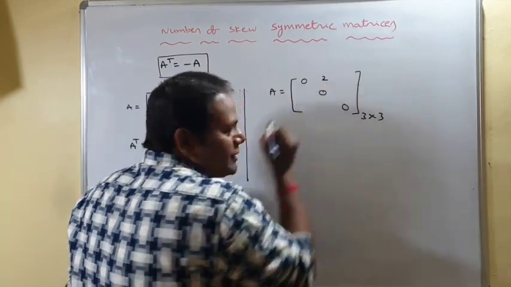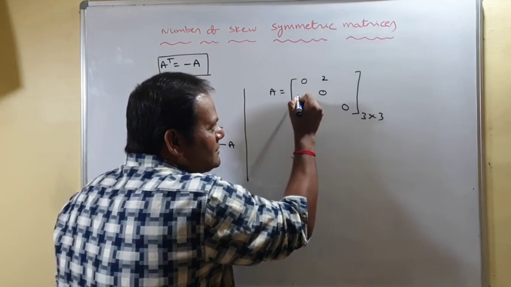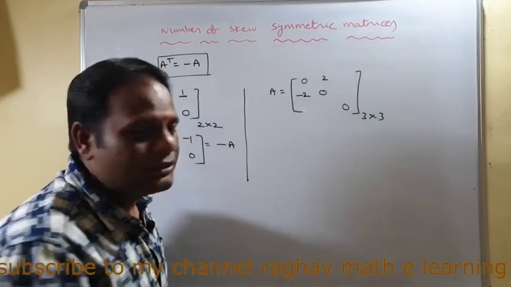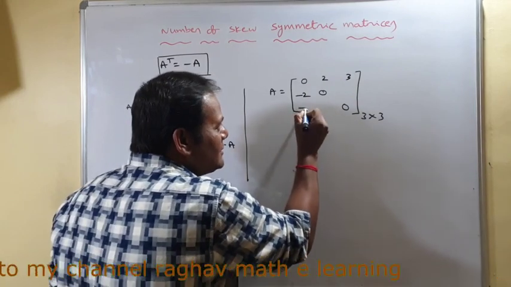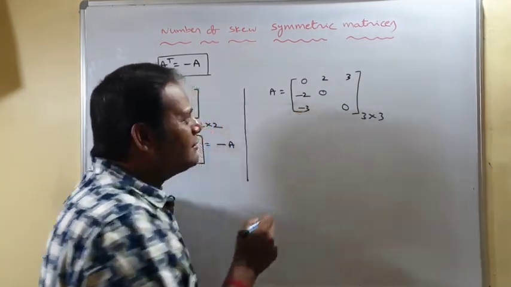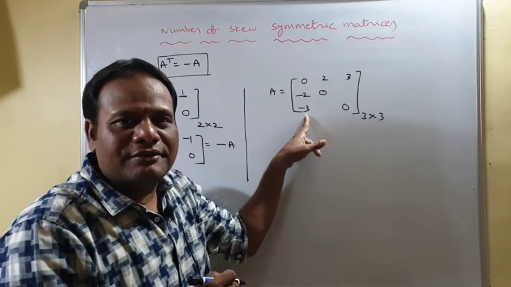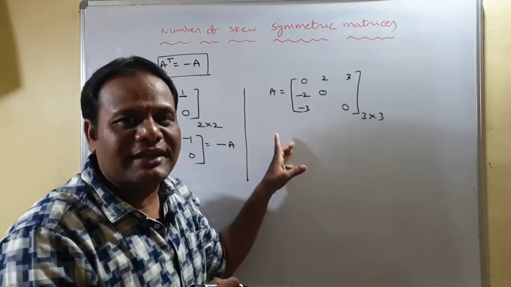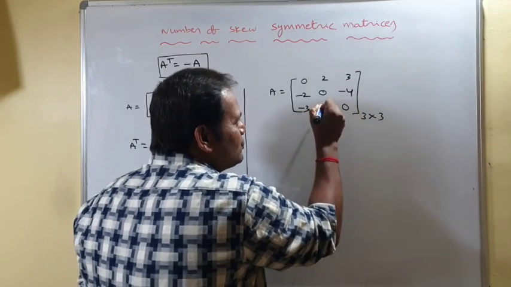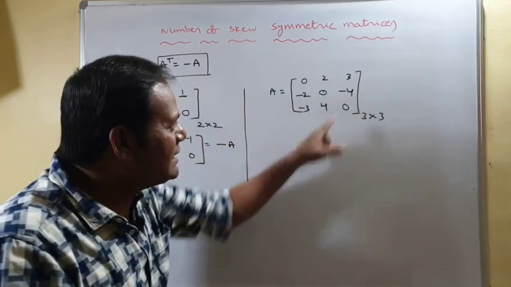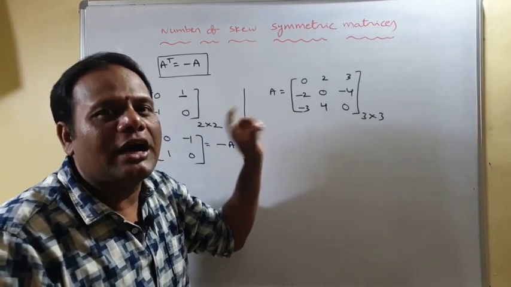You take 2 here, so in this place it will be minus 2. Suppose if you take 3 here, here you must take minus 3. I mean, the same element you take with opposite sign. Suppose here if you take minus 4, here you should write plus 4. Same element with opposite sign.